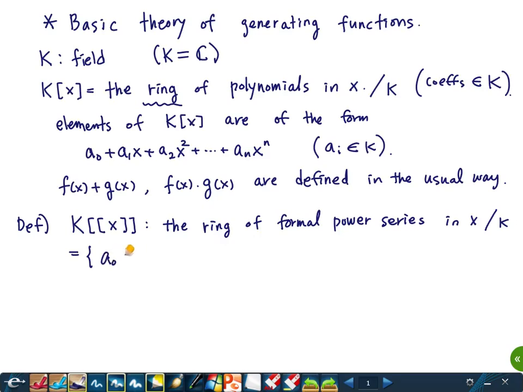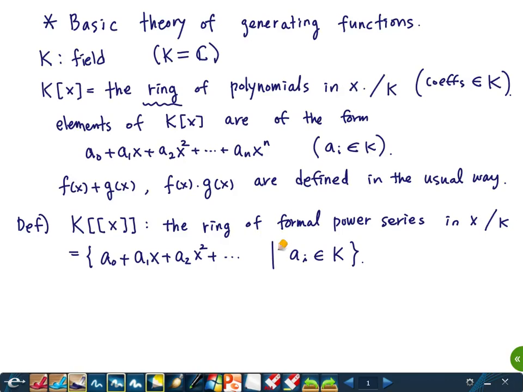a0, a1 x, a2 x squared. So we have infinitely many terms, it just never ends, where the ai are elements in K. Okay. All right? So you can go forever.